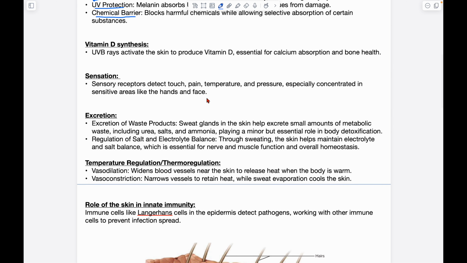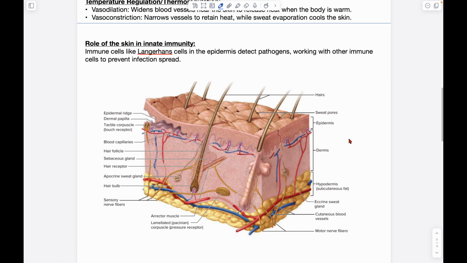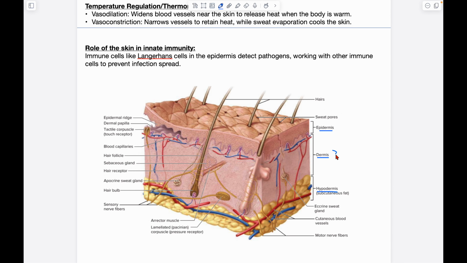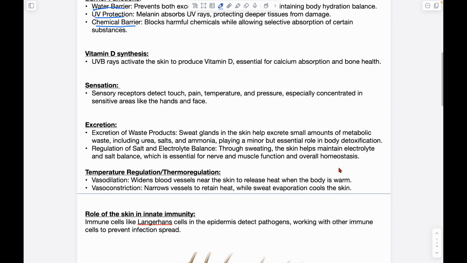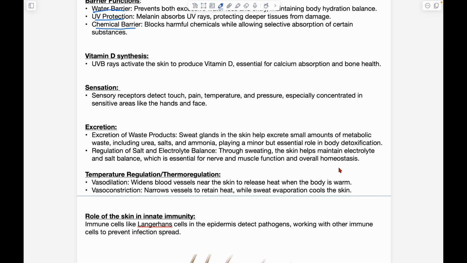So there's three layers, right? There's the epidermis right here, there's the dermis, and there's the hypodermis. So most of these nerve endings are concentrated right here in the dermis. Okay, and essentially they vary in sensitivity and also depend on the location in the body, which determines how sensitive they are.